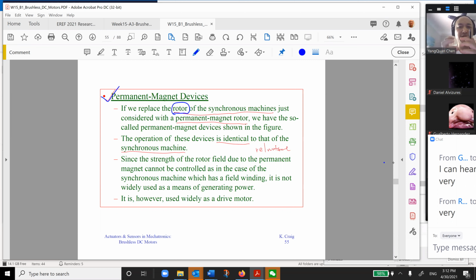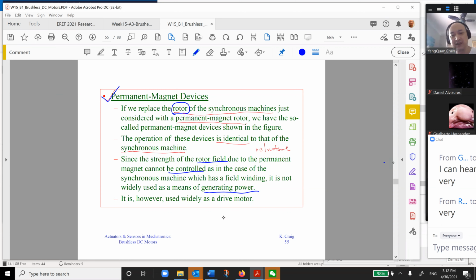The rotor has a permanent magnet on it. So this is called a permanent magnet device. The basic idea is the same as the synchronous machine. That depends on the strength of the rotor field, or the magnet, which is not controlled. It's fixed. So it's not commonly used for generating power. It's widely used as a driving motor.